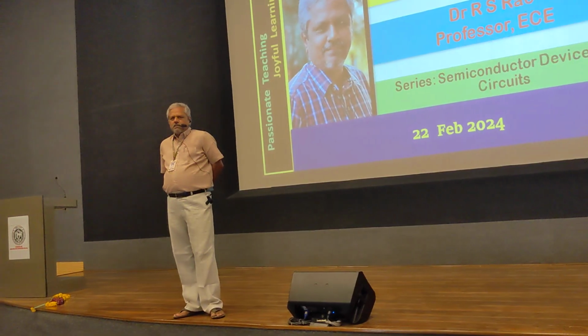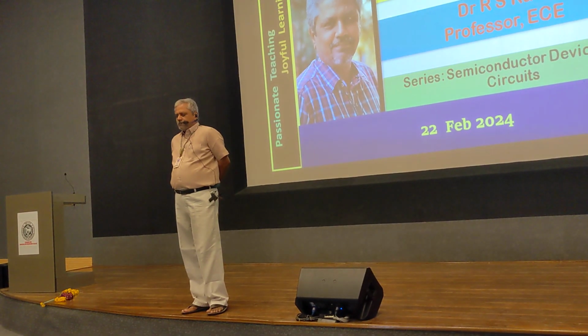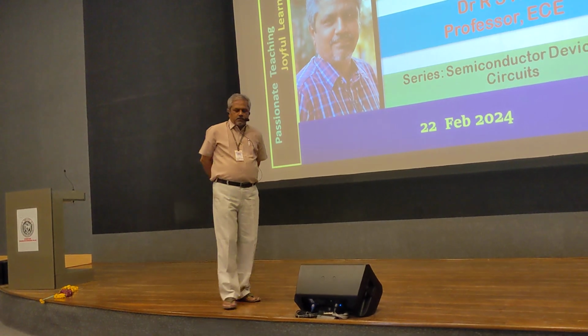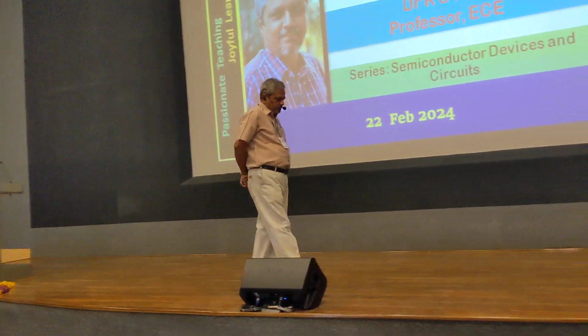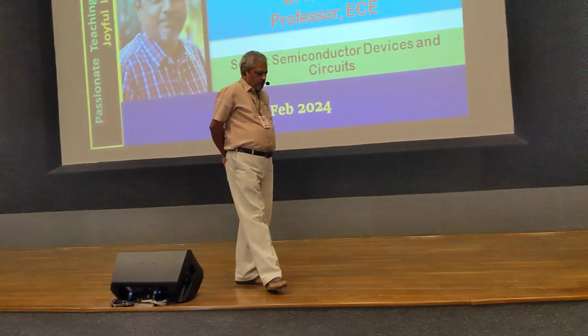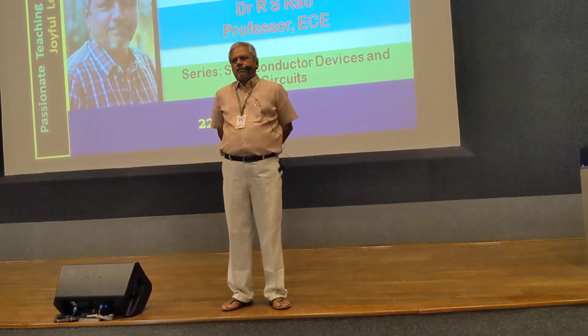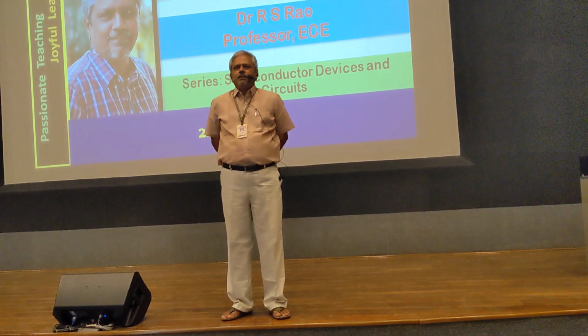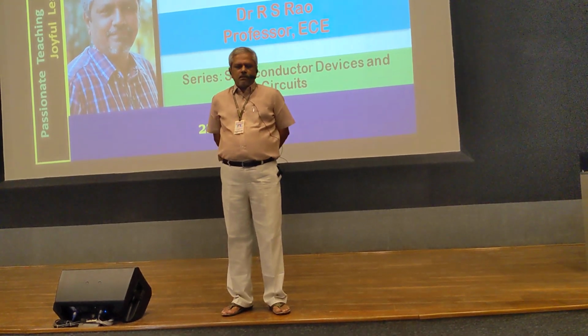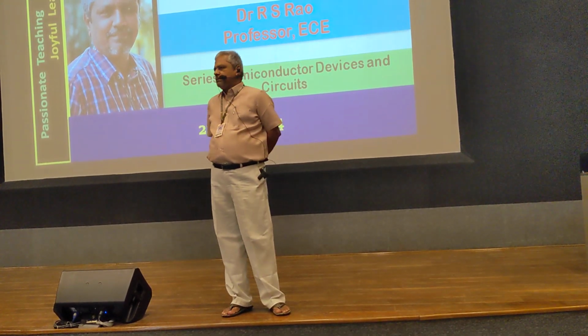In earlier days, this subject used to be called analog electronic circuits. Maybe to shorten the length or to have a short title, nowadays it is being called analog circuits.